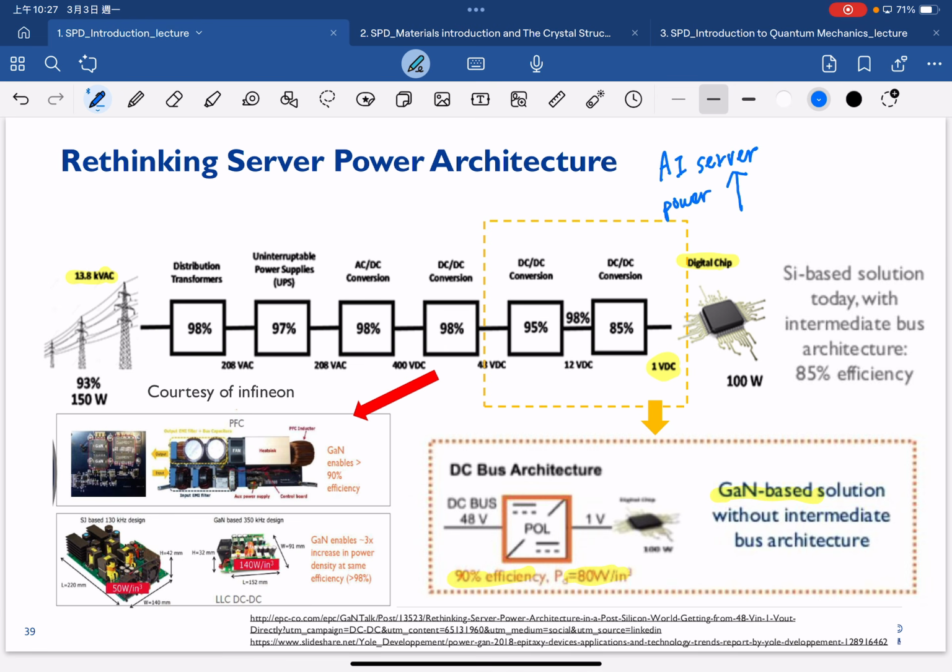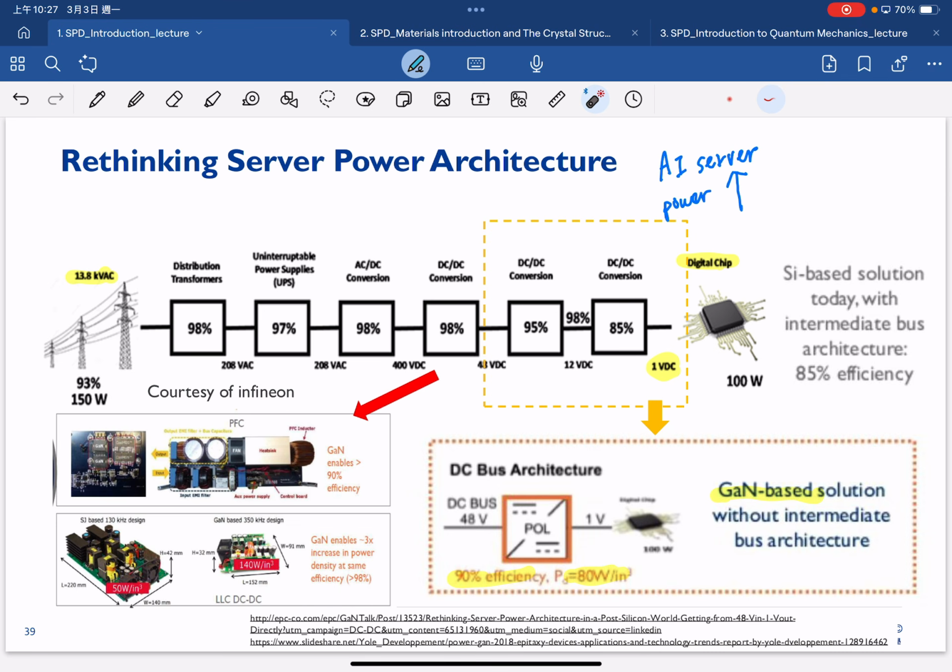That's why you have already heard that lots of data centers really need very good facilities to provide the electricity, and even some of the big giants like Google, Facebook consider building their own small nuclear plants to have enough electricity. But also, if we can use wide bandgap materials and technologies, that can also help us meet the need for AI server power demand.